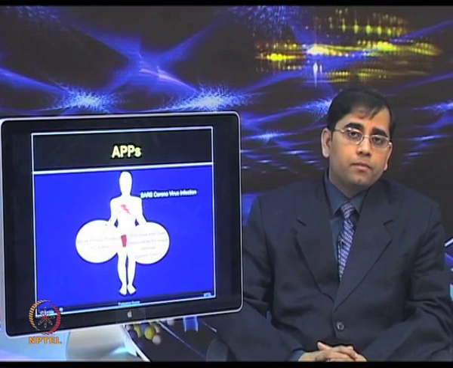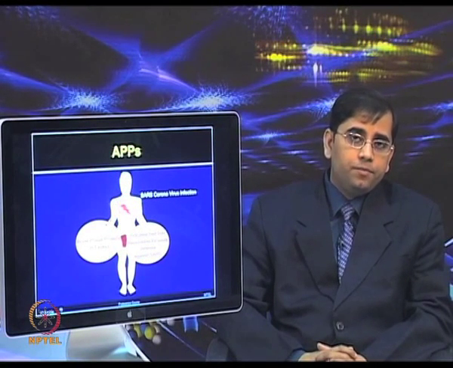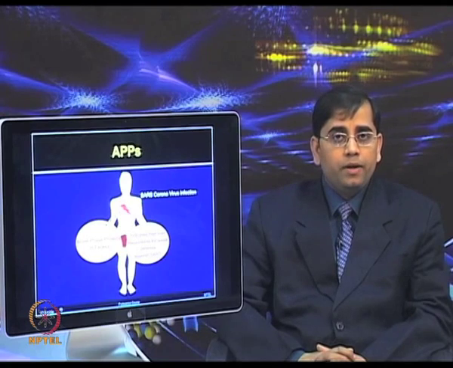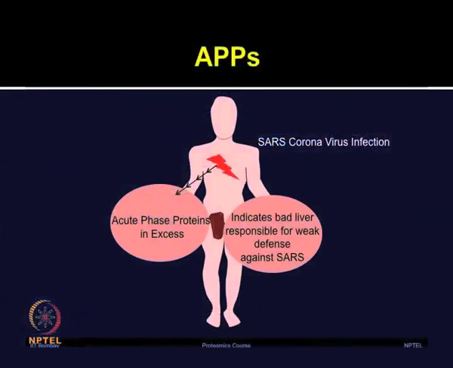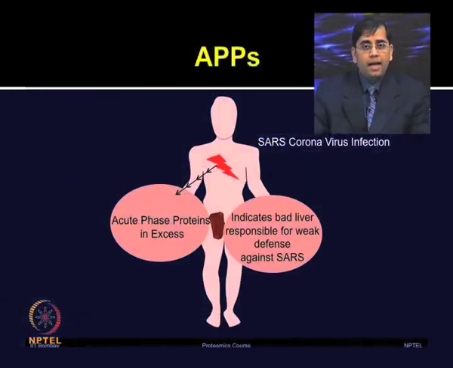We also found that several acute phase proteins, or APPs, were differentially expressed. The active innate immune responses and oxidation associated injuries may play a major role in SARS pathogenesis.